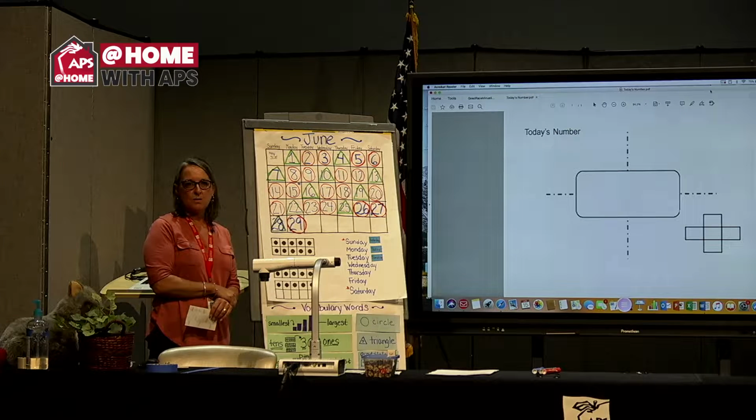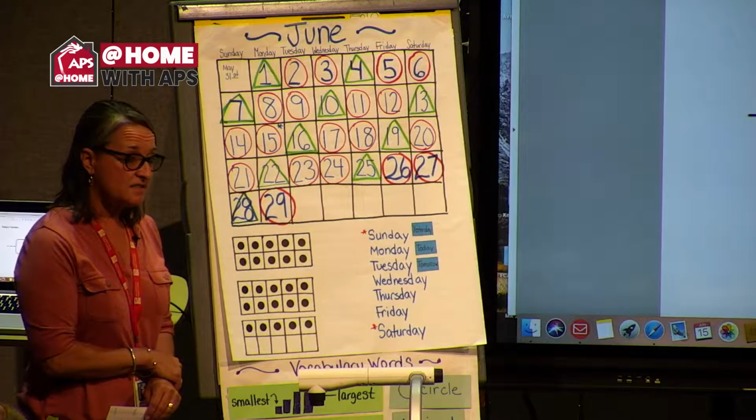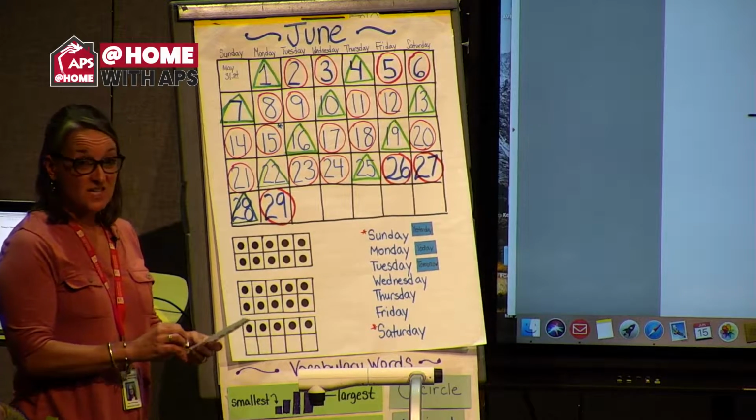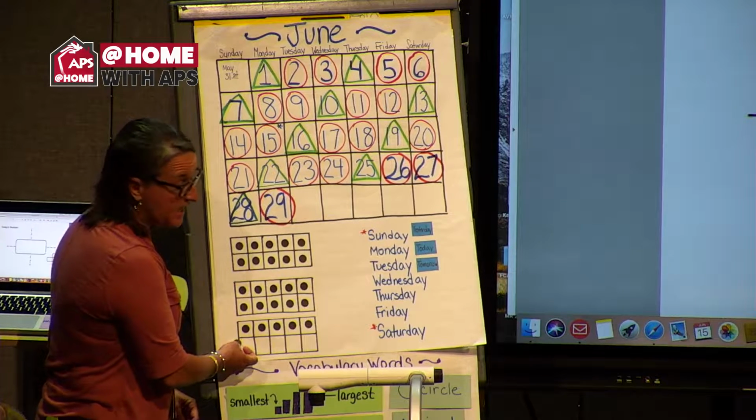What do we know about 9 when it's on our 10 frame? When we have 9 on our 10 frame, only one square is empty. So that's a good way to know how many we'll be filling in. We can also count, right?